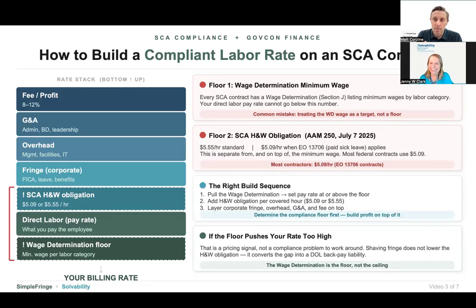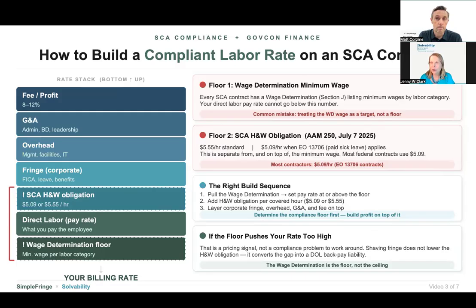You have to go to the DOL, explain why this different or hybrid type of position is necessary for the contract, propose a wage rate that goes with that classification, and then typically it gets approved. But it's very important that you do that proactively when you win the contract and not retroactively seeking approval later. So just a sidebar. But in most cases, you're going to have employees fitting neatly into different job classifications, and from there you'll have the minimum wages that you have to pay them.